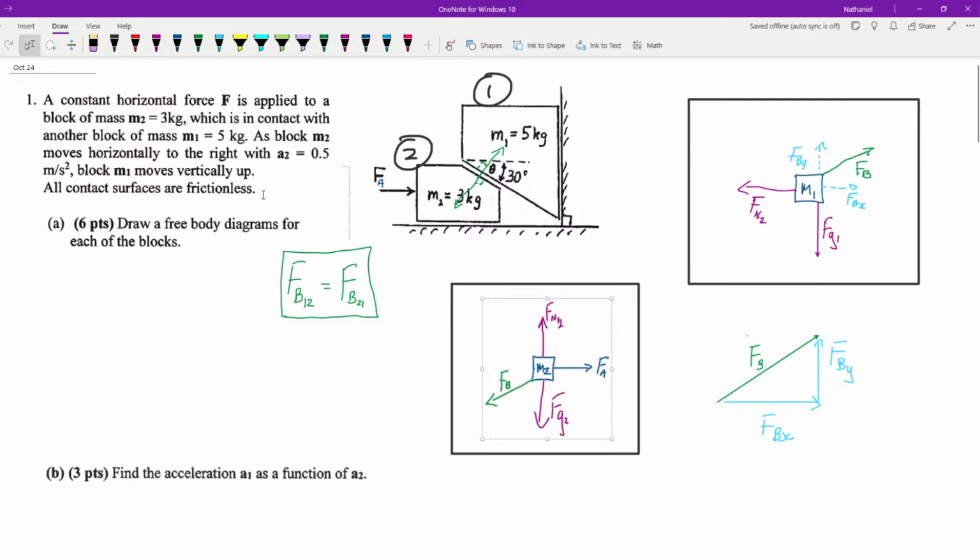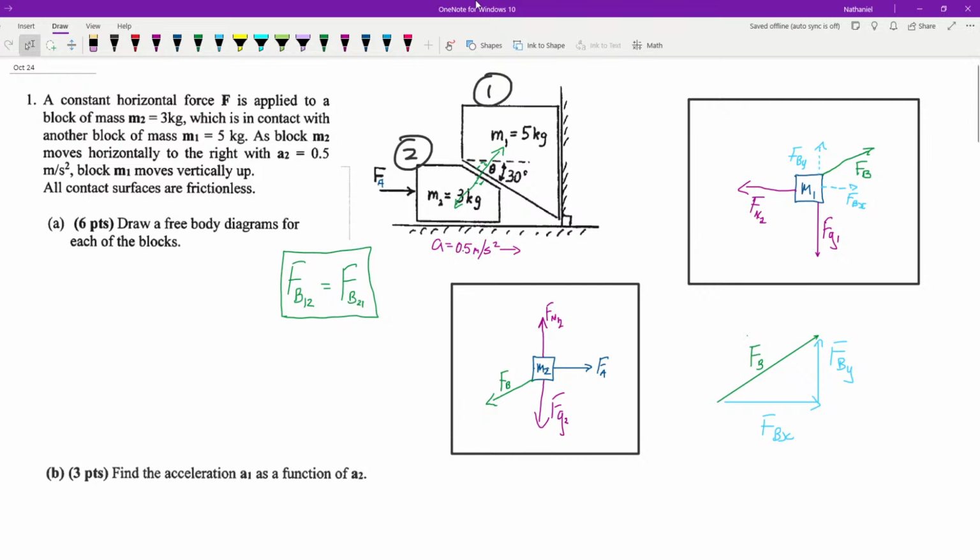Now, the question is, do we have friction? It might be worth reading the question now. A constant horizontal force F is applied to a mass M2, which is 3, in constant contact with another mass, 5, as we can see from the diagram. Block M2 moves horizontally to the right with an acceleration of 0.5 meters per second squared.